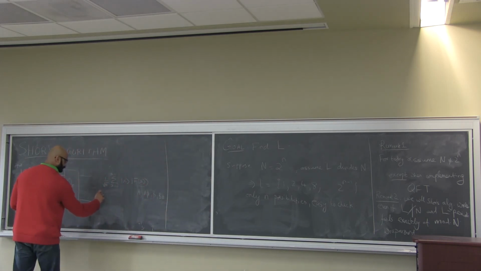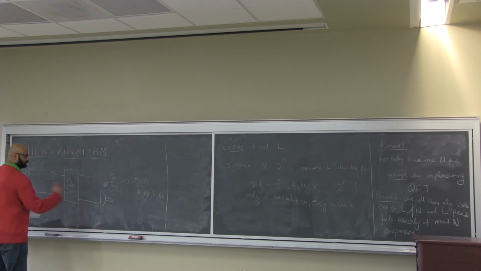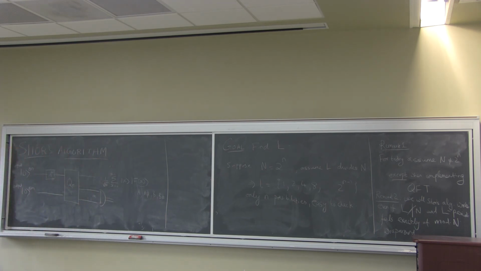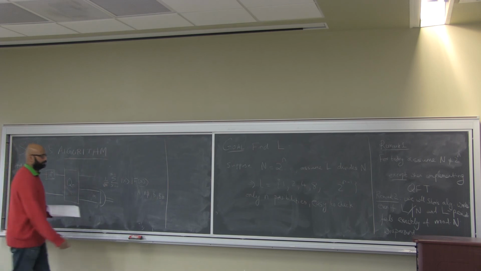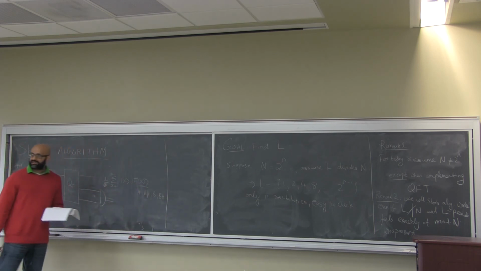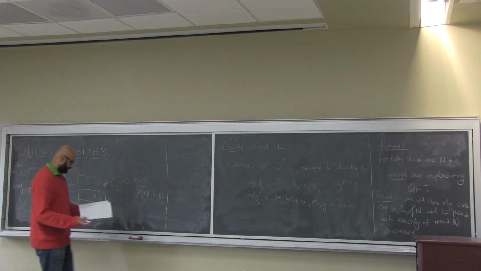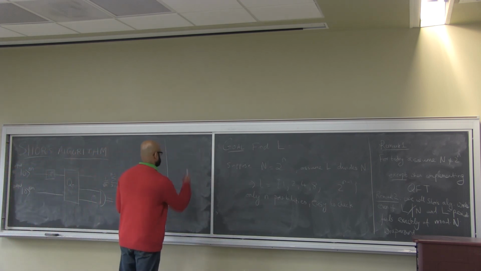We put a measurement on the output registers, which are the m bits of the output register. Okay. When we do, we'll collapse this function to some value f of x star, which I'll denote by the note s. Okay.